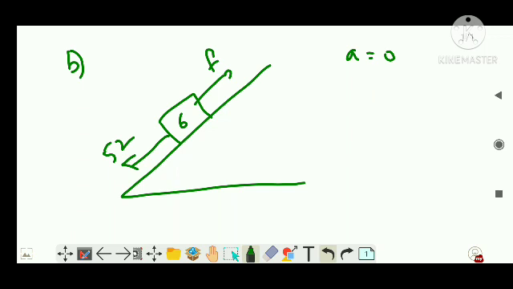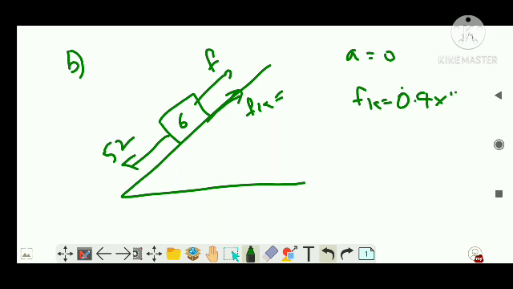So when the object is moving with constant velocity, you have to think about which friction? Kinetic friction, which is Fk equal to mu k, that is 0.4, into N, that is mg, or I can say 6g cos 60. We have found that value earlier.